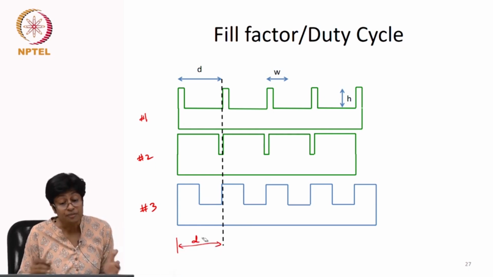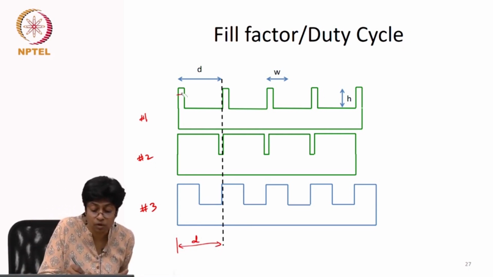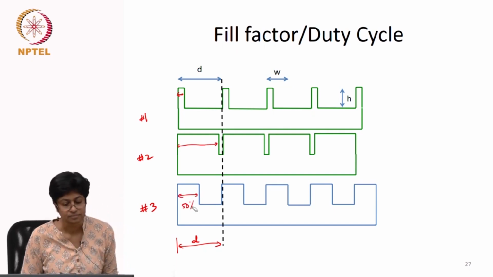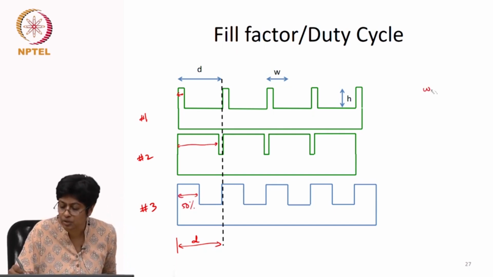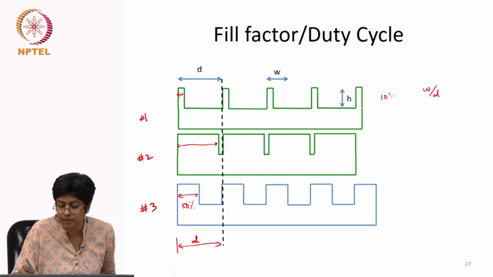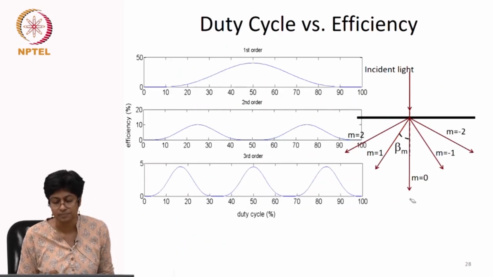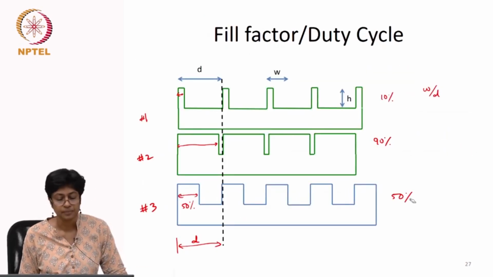But the fill factor is different because the width in this case is so small. Here it's really very large, and here it is 50%. So if I take the ratio of W by D, maybe this is something like 10%, maybe this is something like 90%, and here it is 50%.